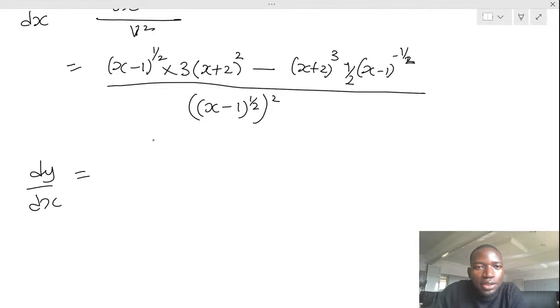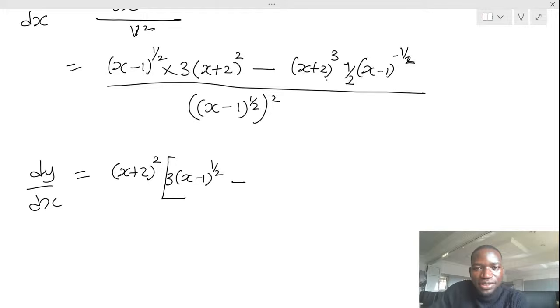So for the first one, x plus 2 is actually common to both terms. So we can factorize that expression out. X plus 2 all squared is common. So that will be x plus 2 all squared. If you bring that out, you're going to be left with 3 into x minus 1 to the power of half.